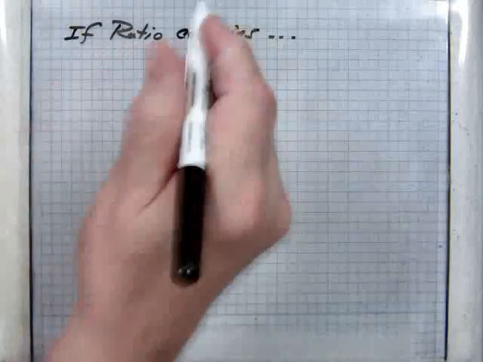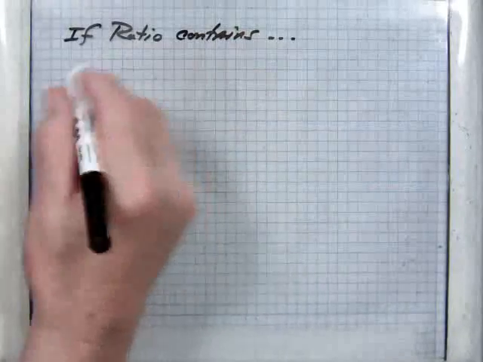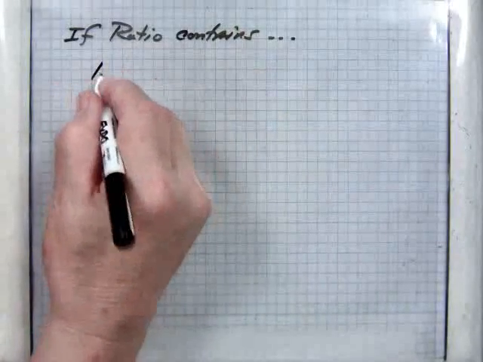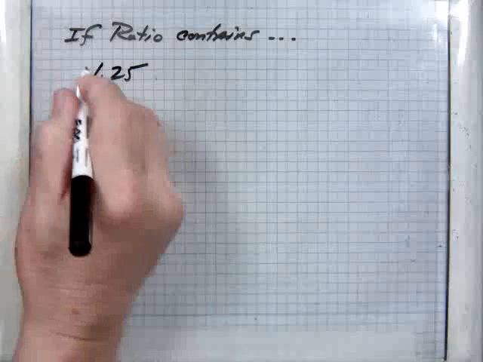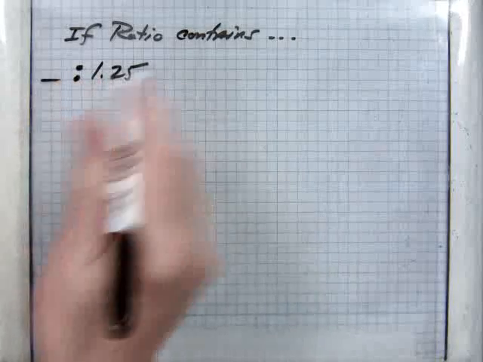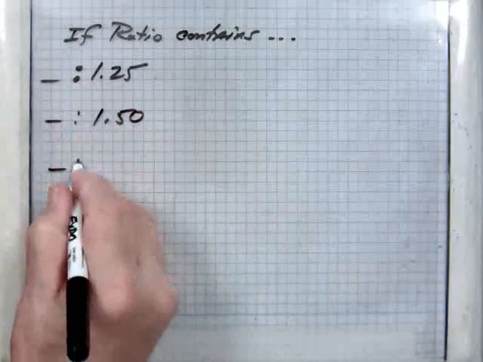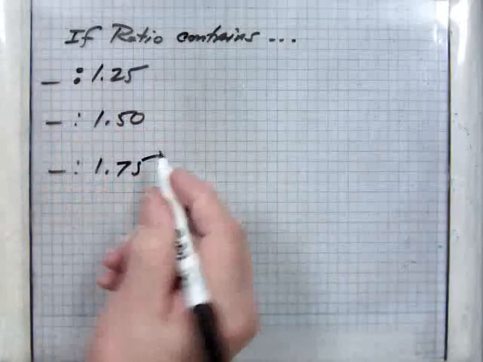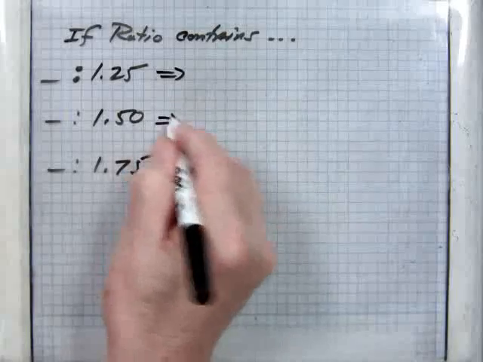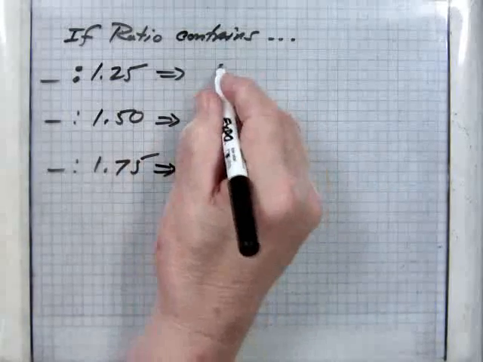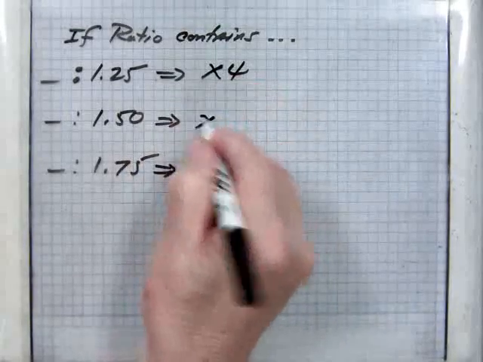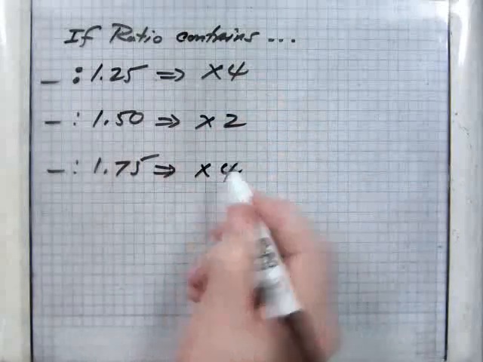If the ratio contains a decimal of 1.25, 1.50, or 1.75, then what you should do to that number is multiply by 2 or by 4.